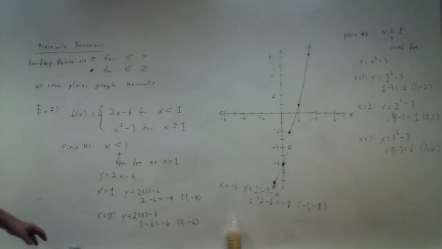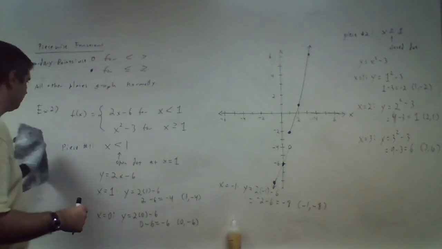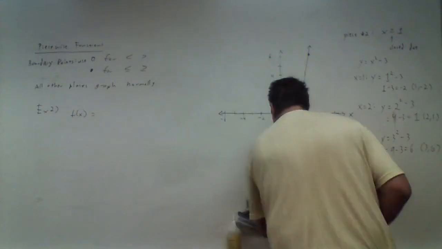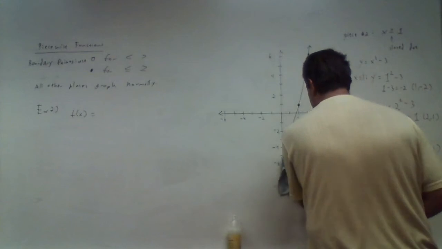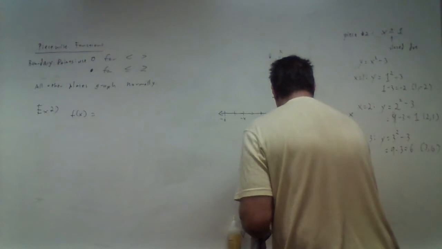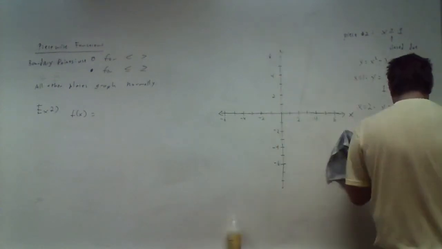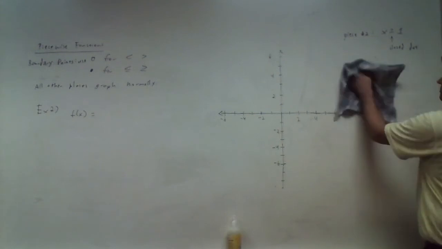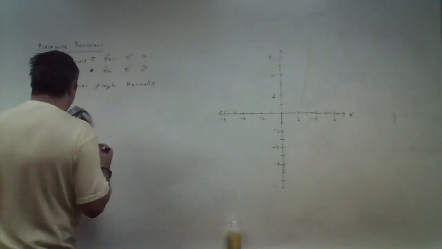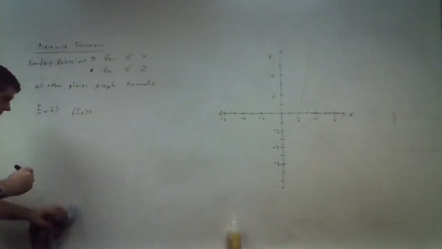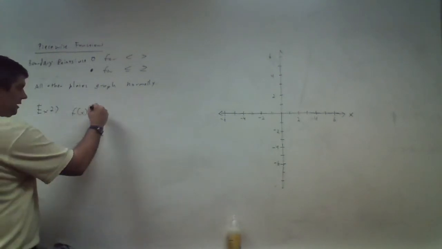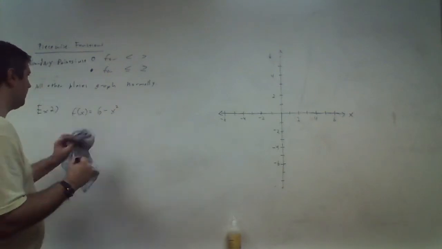Okay, let's do example 2. f of x equals 6 minus x squared. Well, why don't we do it this way?